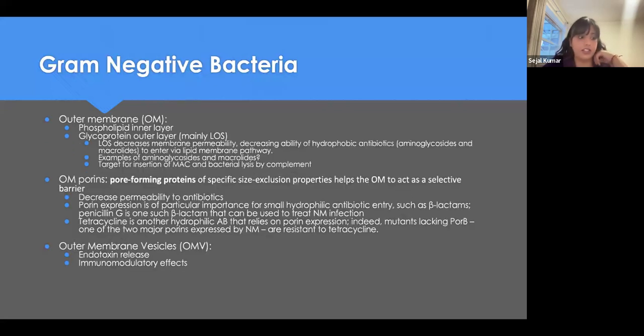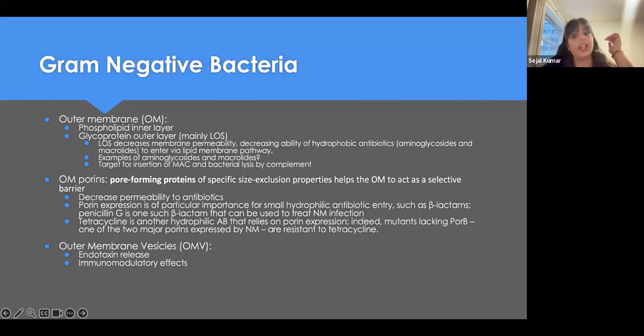Gram-negative bacteria now, so the difference, so as I said, they have an outer membrane, which gram-positive bacteria lack. This outer membrane is formed of two components, an inner layer and an outer layer. The inner layer is a phospholipid layer, whereas the outer layer is a glycoprotein layer, mainly lipooligosaccharide, as I mentioned before. So lipooligosaccharide is really important because it decreases membrane permeability.